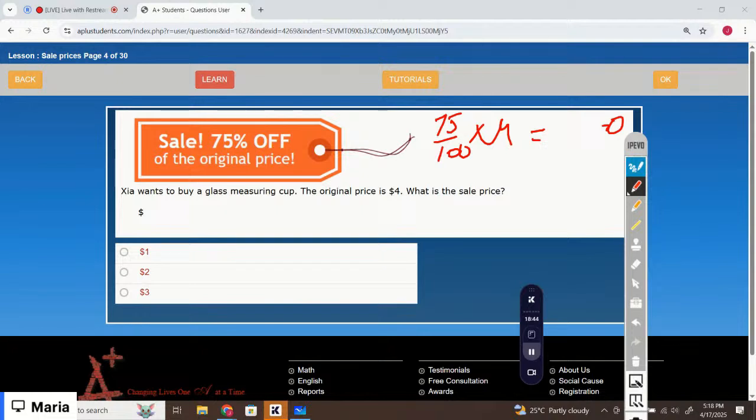So now you need to calculate the sale price. The sale price is the original price minus the discount. So 4 minus 3 is 1.